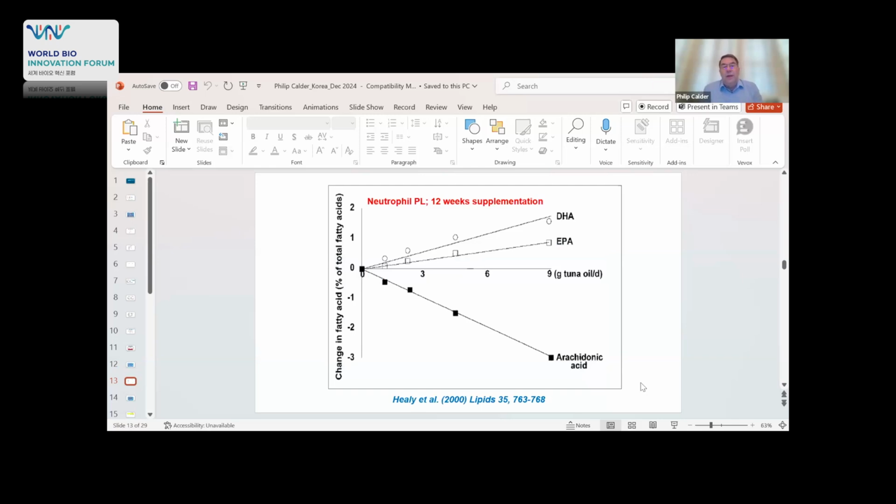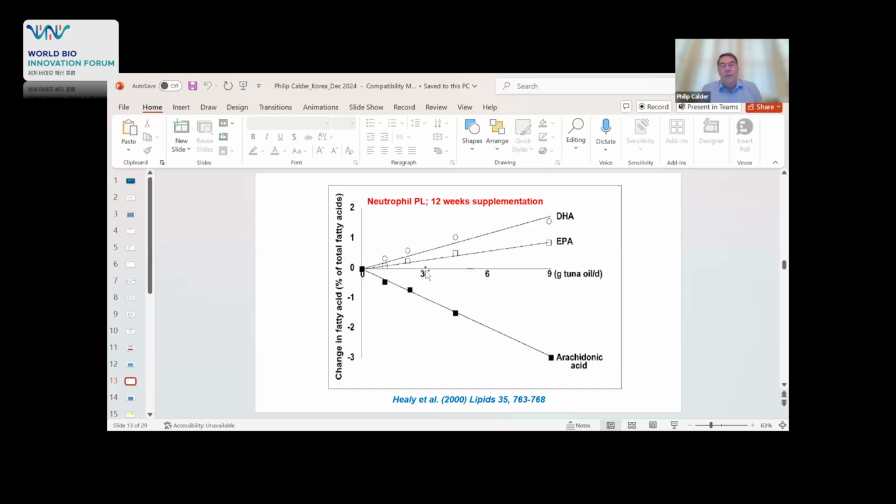So this is an old study we did where we measured the amounts of polyunsaturated fatty acids in the phospholipids of neutrophils. So this is the membrane of these cells involved in inflammation after 12 weeks of supplementation. And we supplemented people with increasing doses of tuna oil, which is a DHA-rich oil.